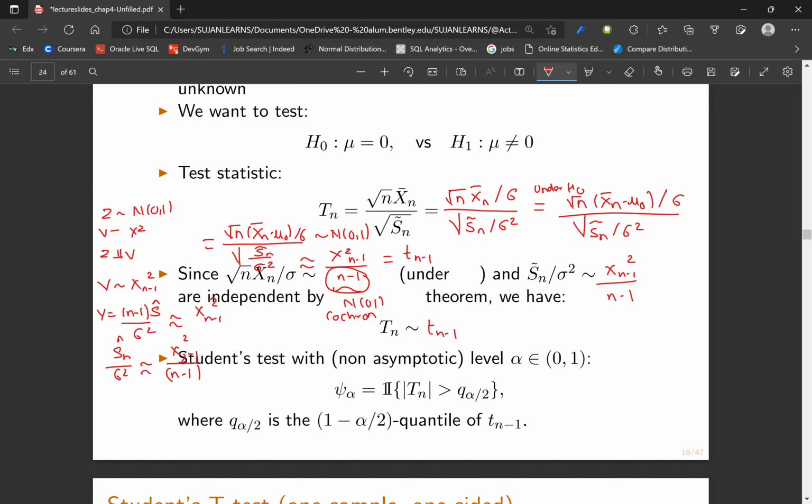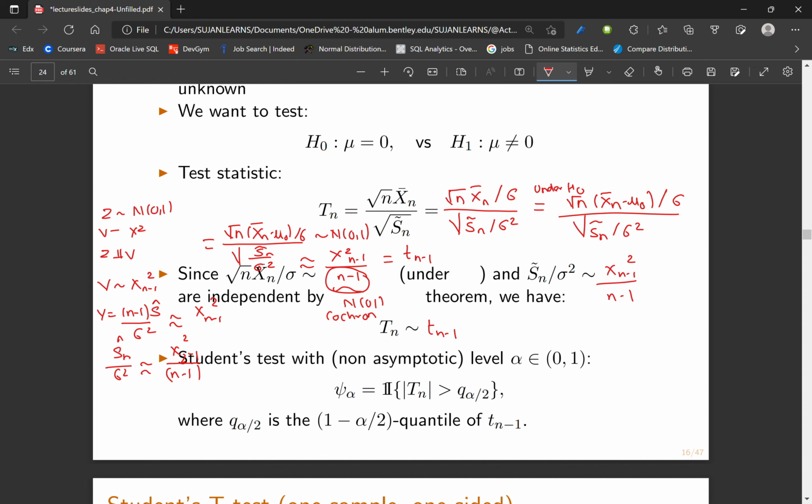And what is this quantile? It is the 1 minus alpha divided by 2 quantile of a t n minus 1 student distribution. It is not a quantile of the standard Gaussian. That's what we would understand.